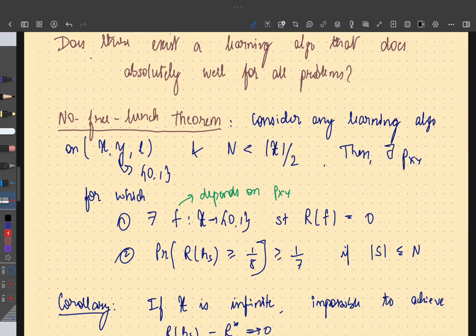Now, we also saw that the no free lunch theorem says that it's not possible to do the absolute best all the time.